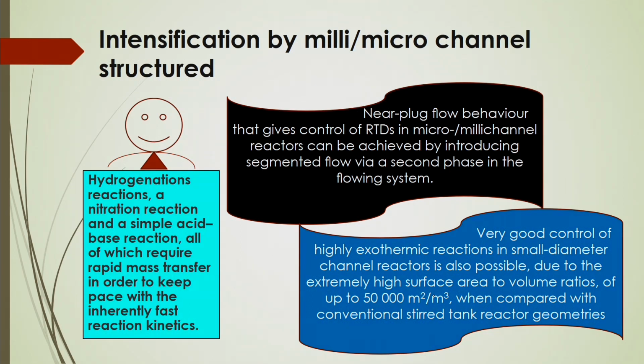Very good control of highly exothermic reactions in small diameter channel reactors is also possible due to the extremely high surface area produced during the flow in the channel. The surface area to volume ratio is high, up to 50,000 per meter, compared with conventional stirred reactors used for reactions in earlier stages.